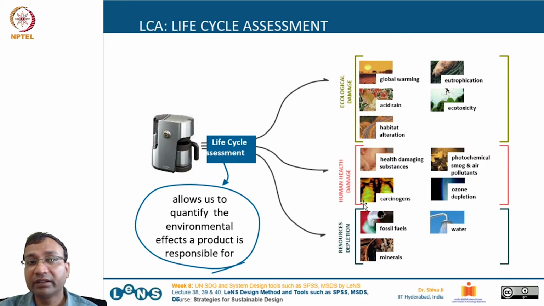The human health damages: health damaging substances, photochemical smog and air pollutants, carcinogens, ozone depletion. On the resource depletion part, it's causing consumption of fossil fuels, water, minerals, and several other things.